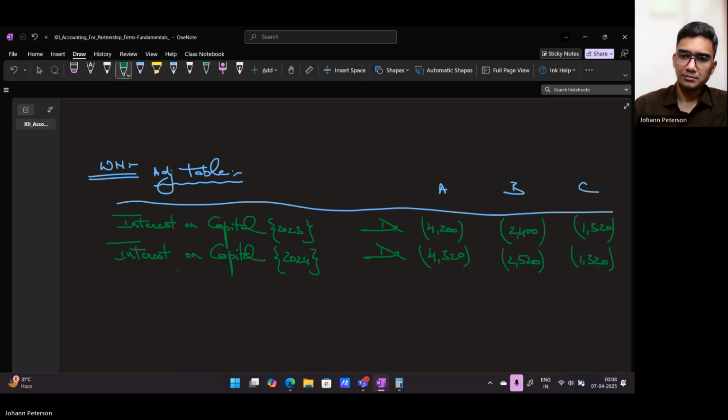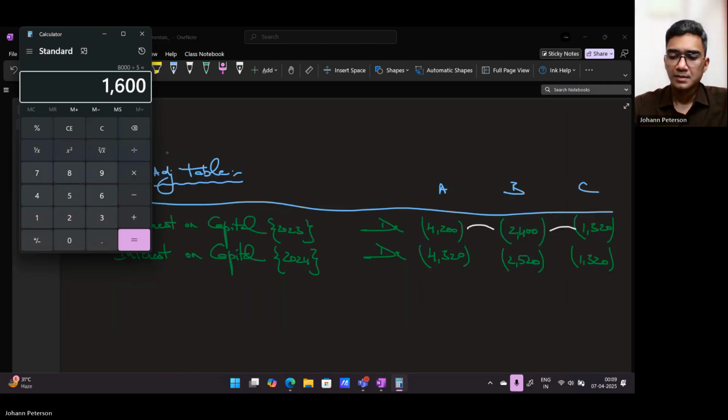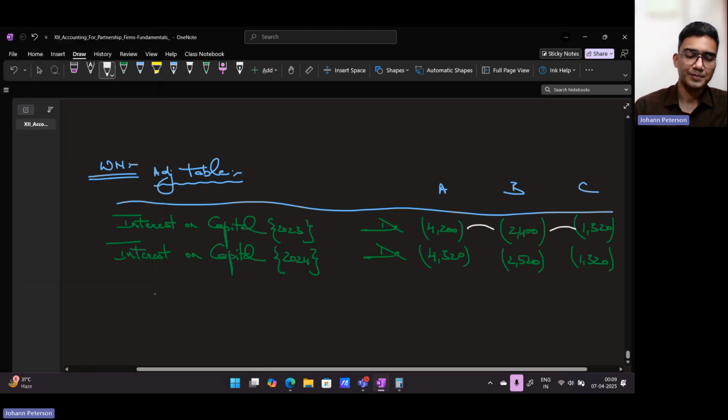So we will add these amounts 4200, 2400, and 1320, which makes it as 7920.